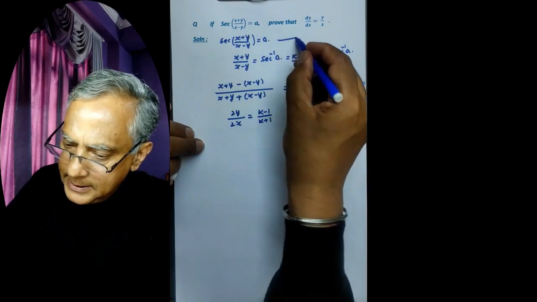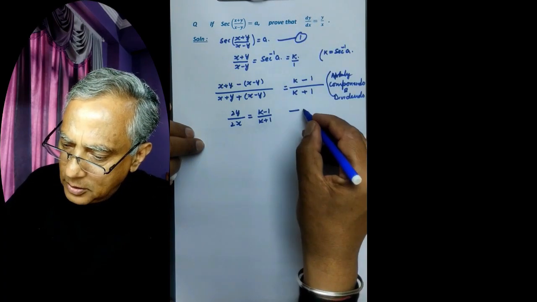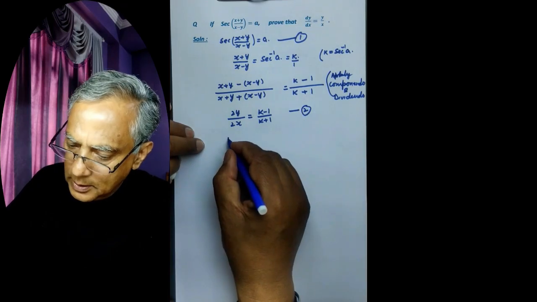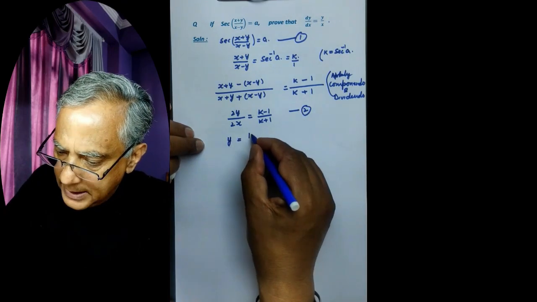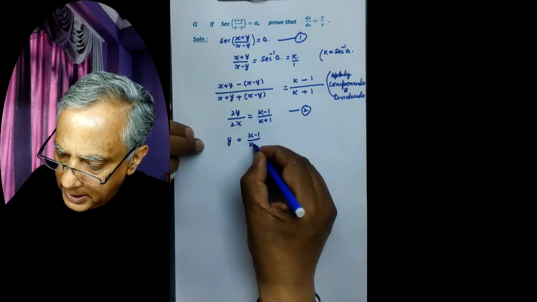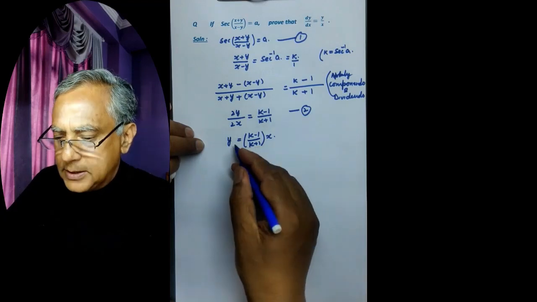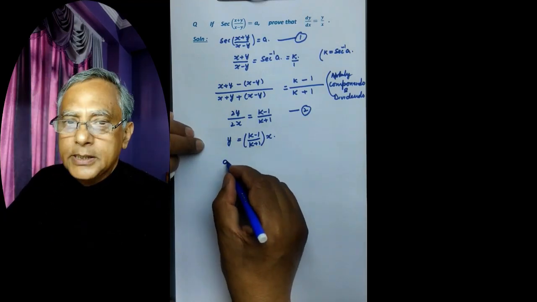Call this equation 1, call this equation 2. So what we get is y is equal to k minus 1 over k plus 1 into x. Now we differentiate this equation.